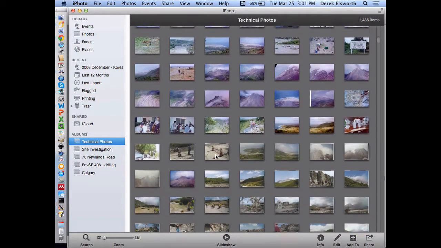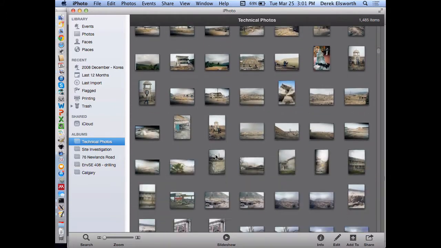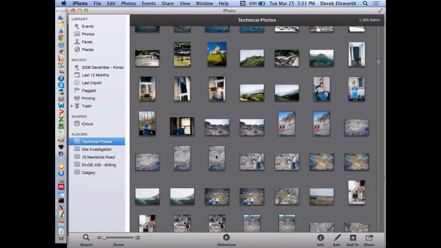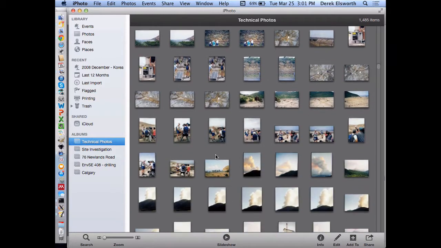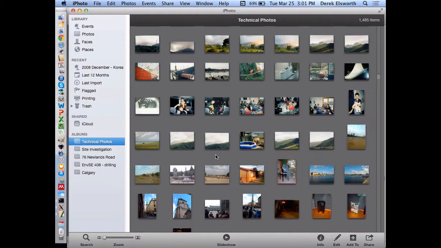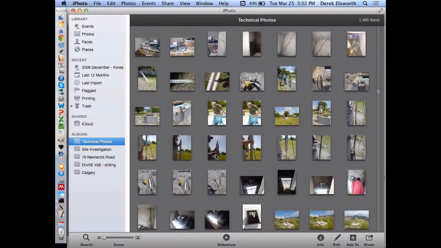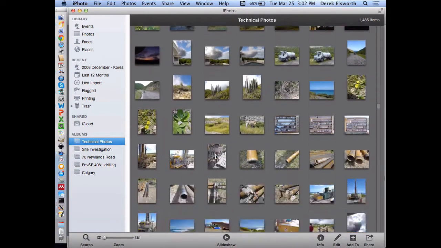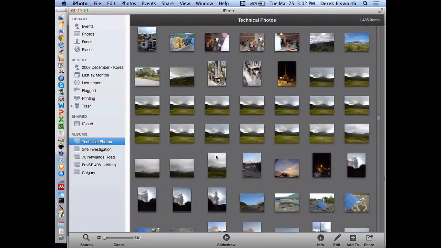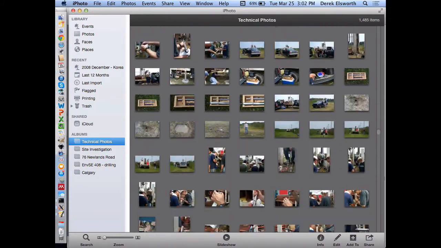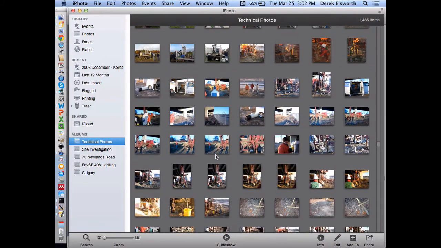Let's see if I can find them. I'd forgotten about these. I know exactly what I'm looking for, so even though they look tiny, if I don't find them here, I know the second place to look.